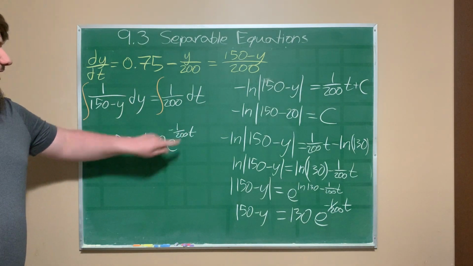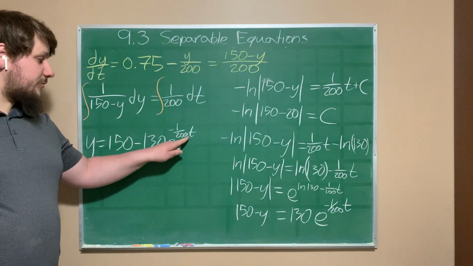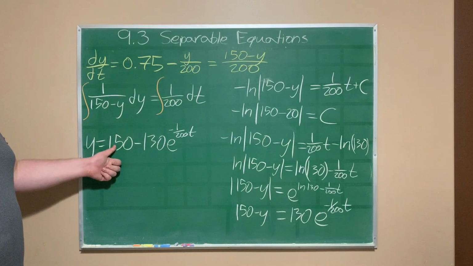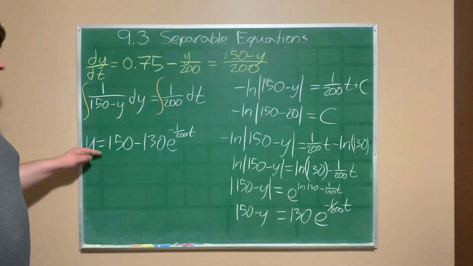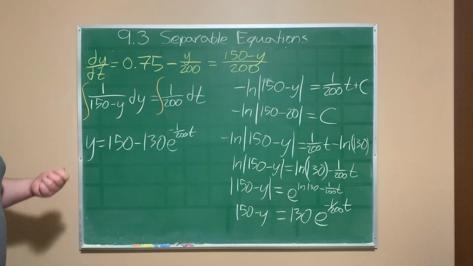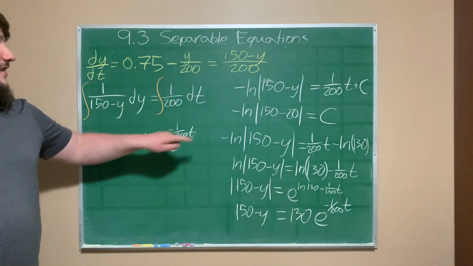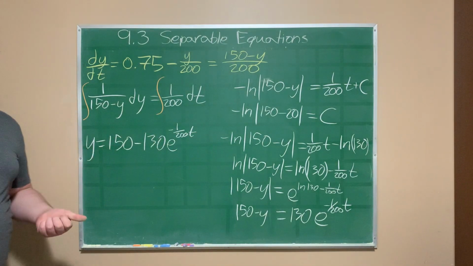Now, e to the negative 1 over 200 t, as t gets larger and larger, this expression is going to get smaller. So we are taking 150 minus a smaller and smaller value. That means that the expression for y is going to get closer and closer to the number 150. As t goes toward infinity, the y value approaches 150.